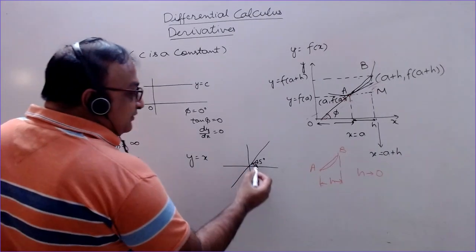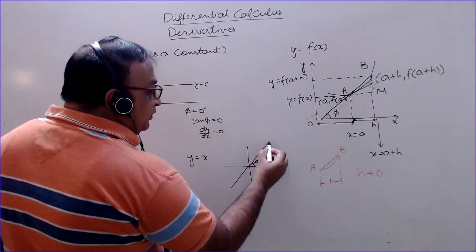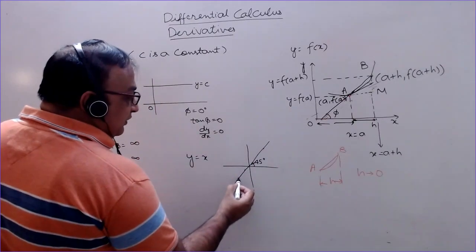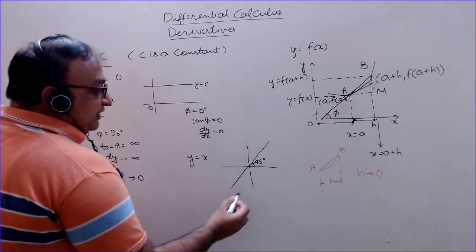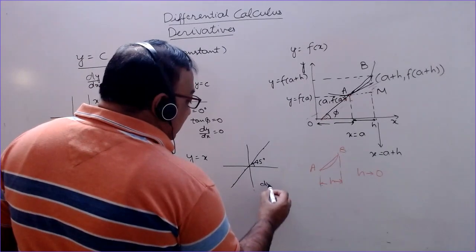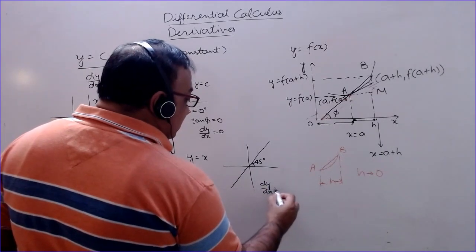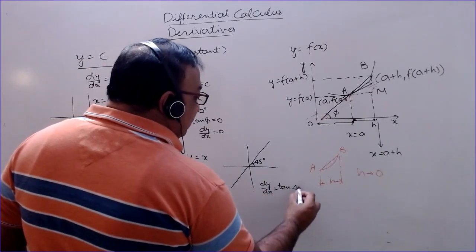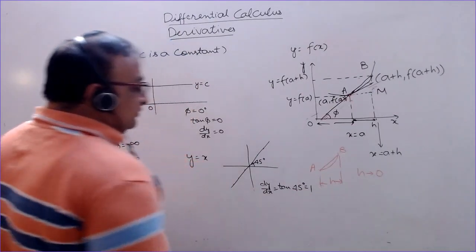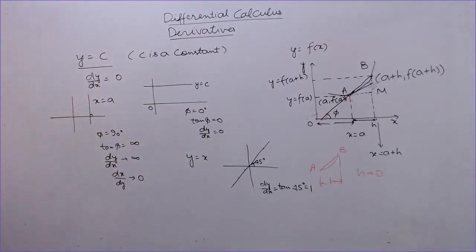So here phi is 45 degree. For any point, if you take any point on this graph, this angle remains the same. So dy by dx is equal to tan 45 degree. This is equal to 1. So this is how you can find the derivatives.